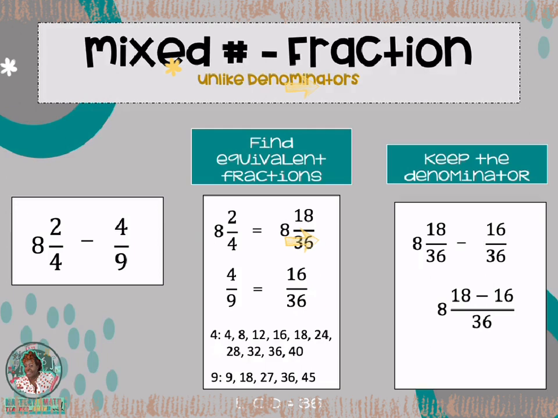That's equal to 2 and your denominator is still 36, keep your whole number. 8 and 2/36 can be broken down to 8 and 1/18 because if you divide both your numerator and your denominator by 2, 2 divided by 2 is equal to 1, and 36 divided by 2 is equal to 18. And there you have it. Another way that you can solve.